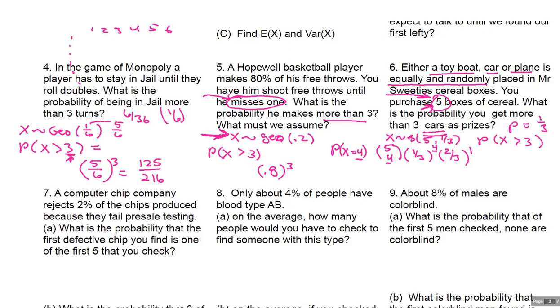If I want to know the probability of getting 4 cars, then don't I have to do 1/3 times 1/3 times 1/3 times 1/3? Then after I do that, there's one time that I don't get a car, because I'm only getting 4 cars, right? So this last one will be the failure. Does that make sense?